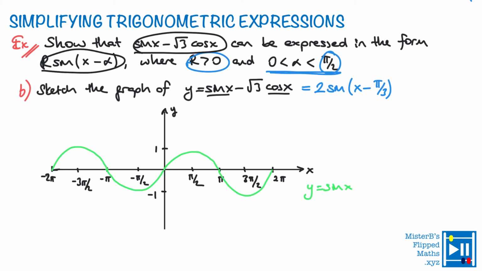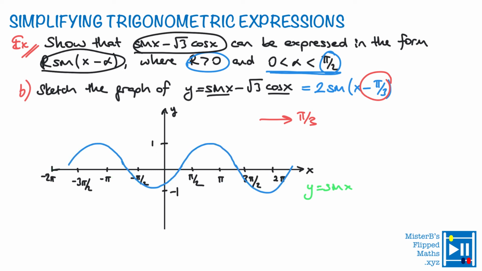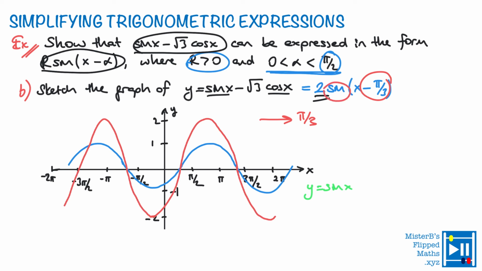Now this is sine x. Minus pi over 3 means I'm going to move this graph on the x-axis to the right by pi over 3. So it's going to look like this. And if I double it, I'm going to get something like this. Just because I have only one trigonometric function here, I can deal with it easily compared to the original expression.